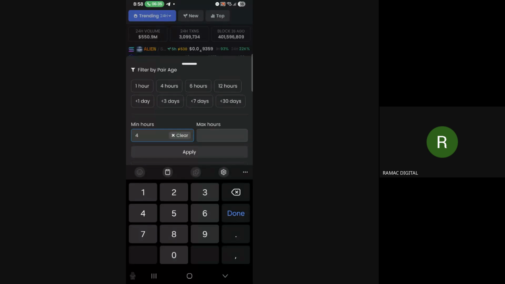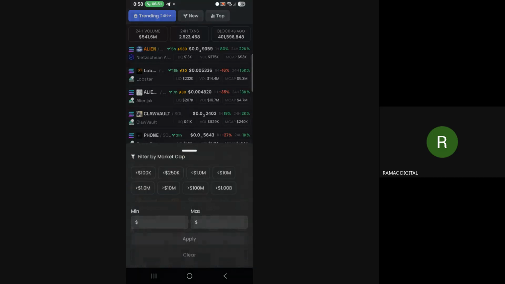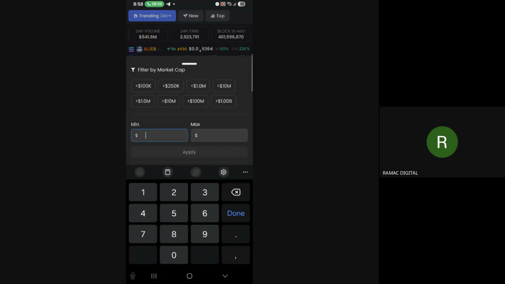Yes. So what kind of token am I looking for? I'm looking for a token that has been here for at least 4 hours. And with this, I'll show you why with time. So market cap, what market cap do I want to see in a token? I used to say the lower the market cap, the better.